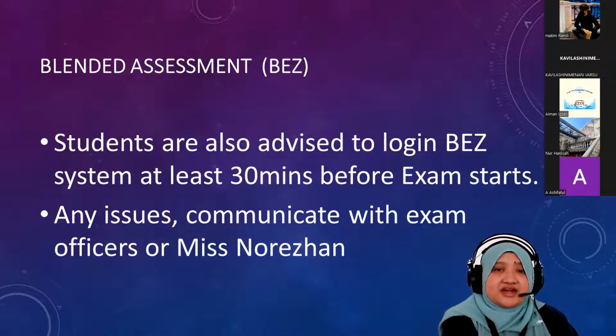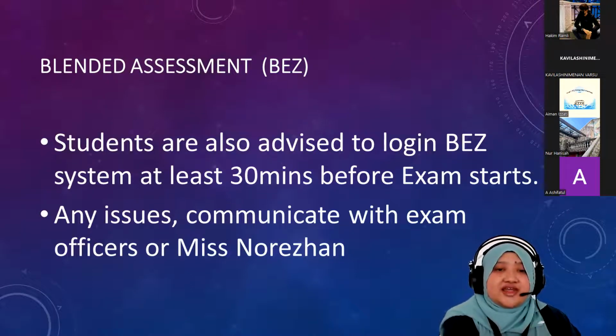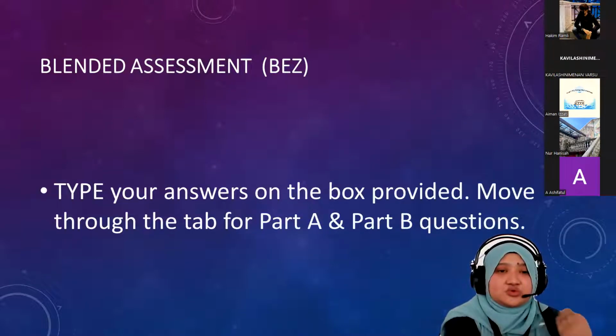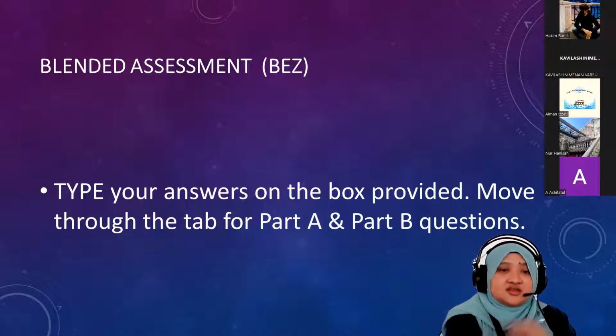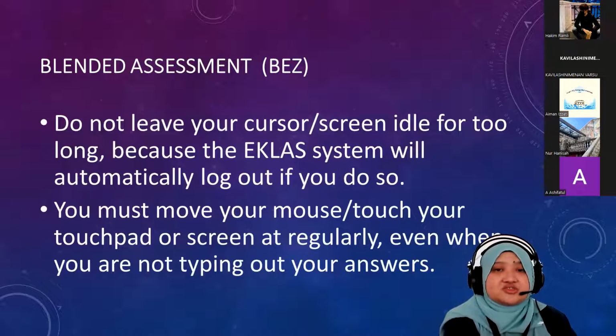However, if it so happens that I am also invigilating on the same day, then you have to communicate directly with the exam officers. And type your answer in the box provided, move through the tab for part A and part B. Remember to not click on the submit and don't leave your cursor idle for too long, because the eClass system will automatically log you out if you were idle for too long.